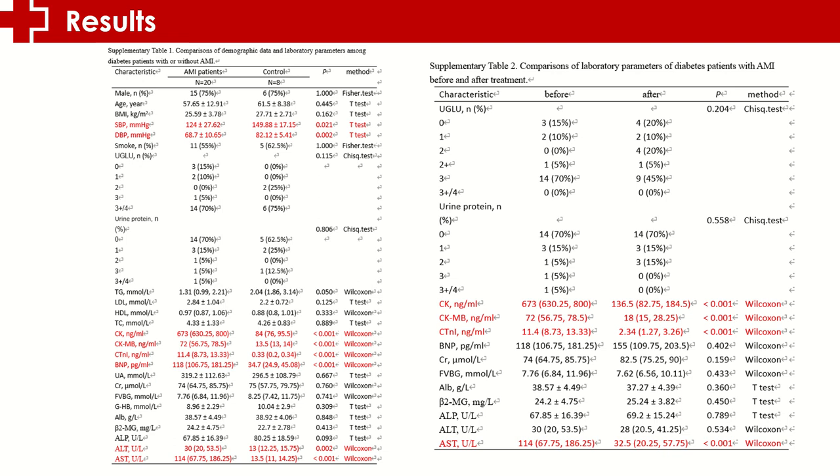And table 2 is the parameters before and after treatment, demonstrating that CK, CKMB, CTnI, and AST differ between before and after treatment.